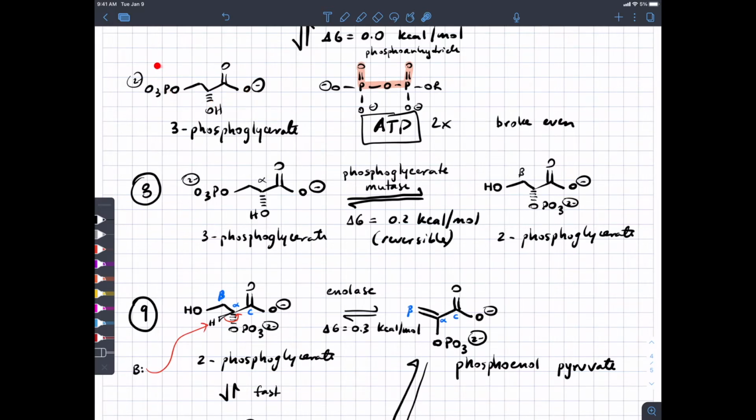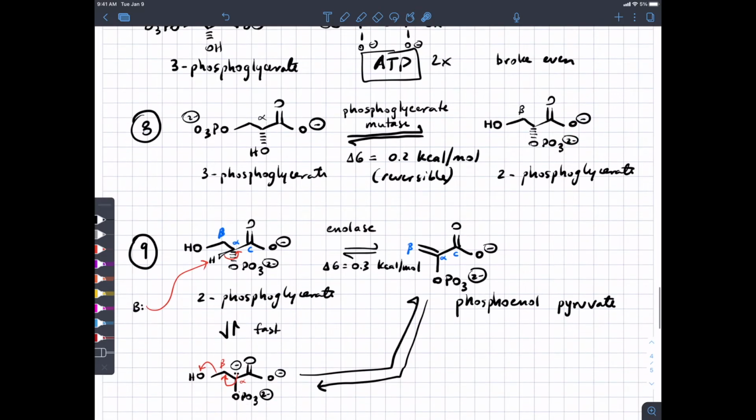The phosphate group has a double negative charge, -2, and then the carboxylate has a single negative charge. And so as you transfer the phosphate group from carbon 3 to carbon 2, you're increasing the tension a little bit with this repulsion.